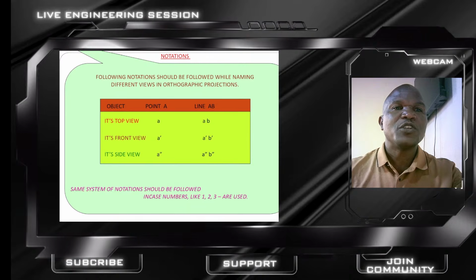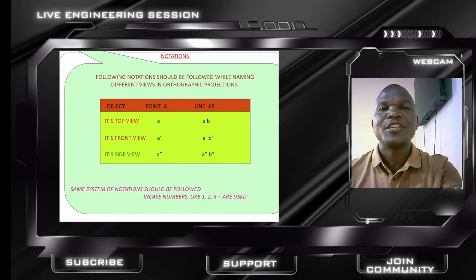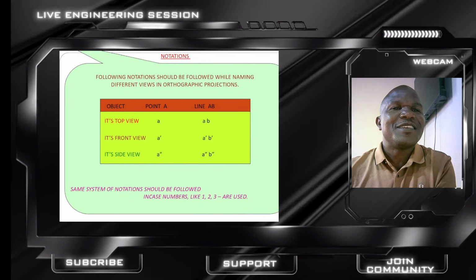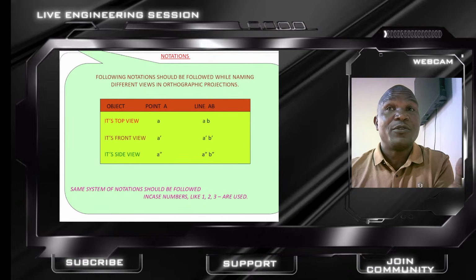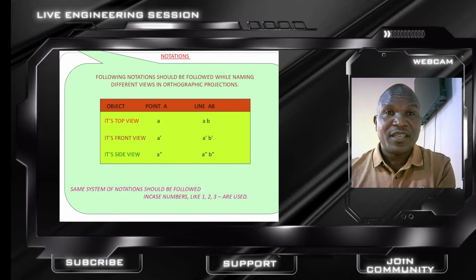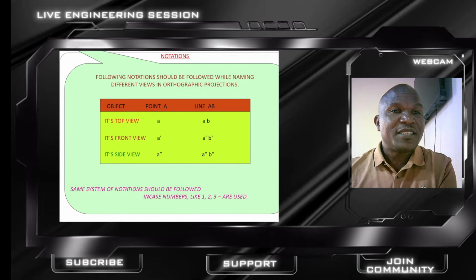That brings us to what we call notations. This is where many students make mistakes. Notations, I repeat again. We use a standard system most of the time with letters and numbers. Sometimes when we are labeling, we use alphabets in uppercase as well as lowercase.